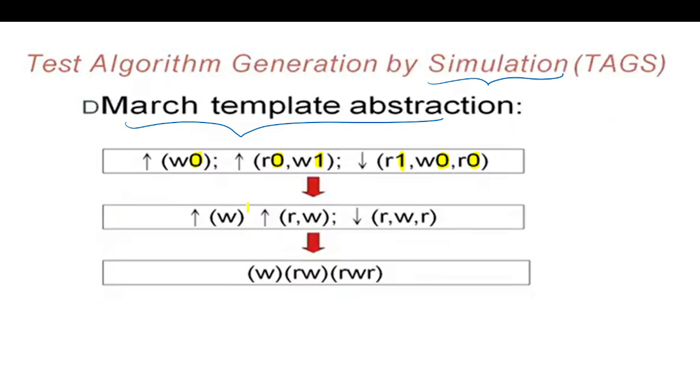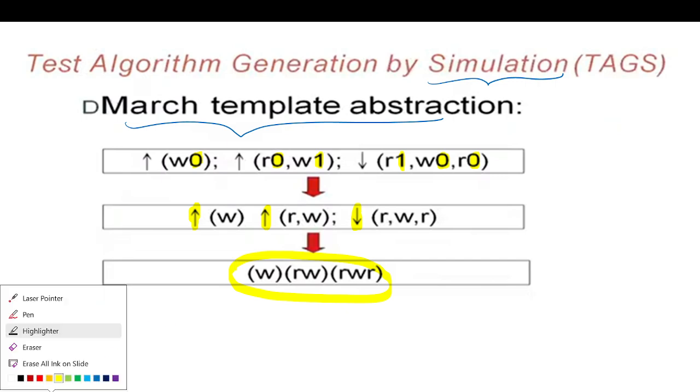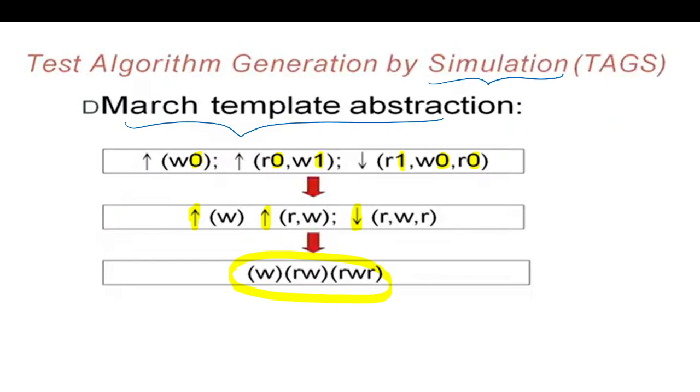Next we remove them and come to the next abstraction level, in which we specify the address order in which we are accessing. So from any March sequence, we remove the 1 and 0, just keeping the write and read, and removing the order of the address. Finally, we have obtained the template.